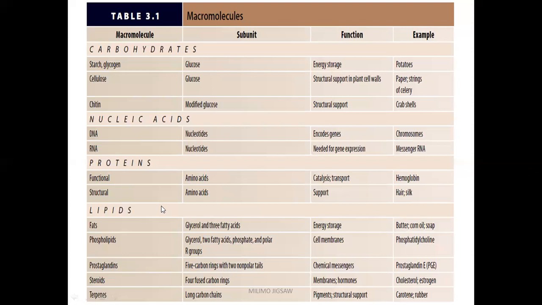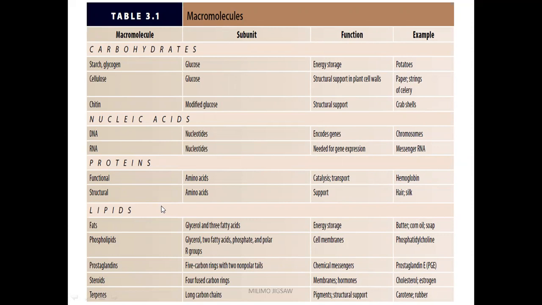From this, we see that macromolecules are made of subunits or monomers, and they can be broken down to produce those same monomers. You need to know the monomers producing these macromolecules.